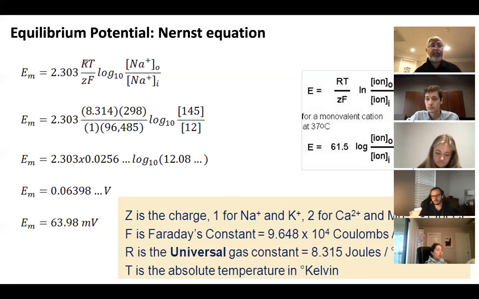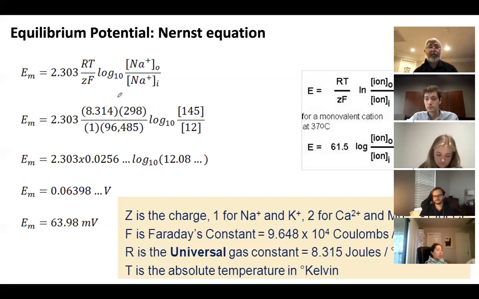Now here, these things are important. R is actually the gas constant. T is temperature. Now let me tell you something about temperature. This temperature is not the regular temperature like room temperature of 37, or if we want to carry the experiment at 25. This temperature is in Kelvin. So to get a Kelvin temperature or absolute temperature, whatever the temperature is in your experimental condition, you have to add 273 to it.